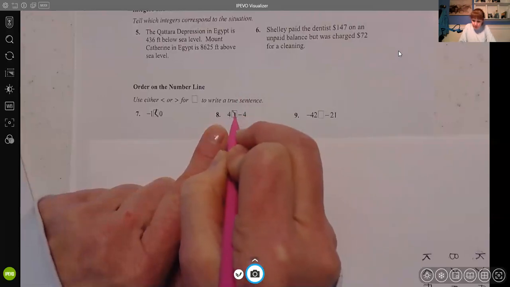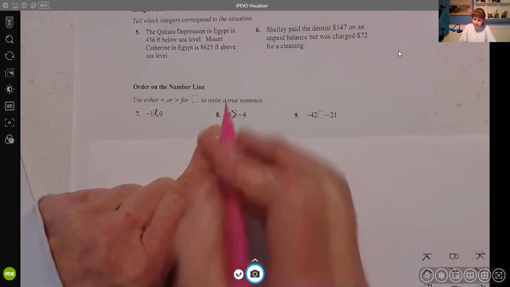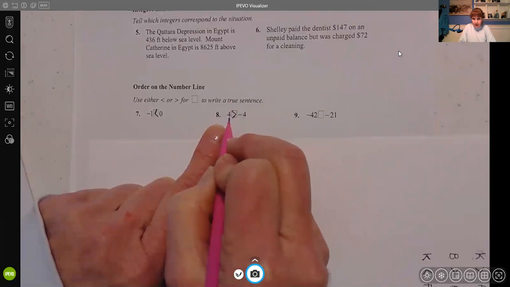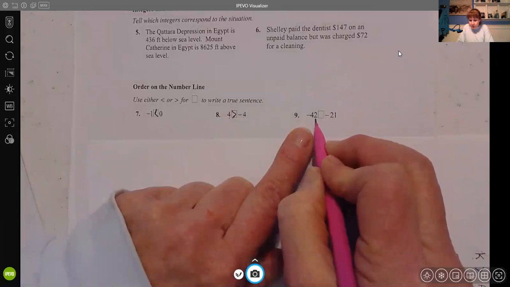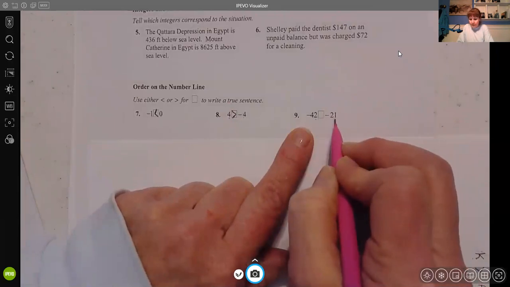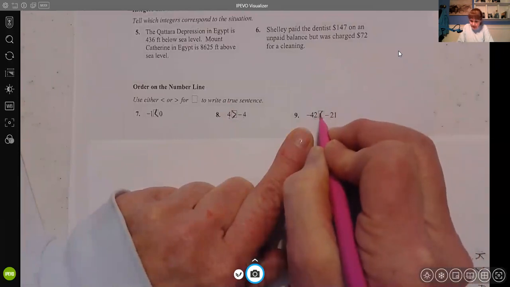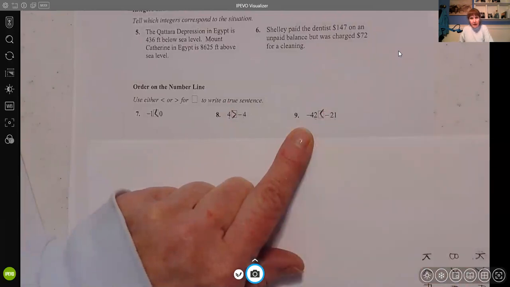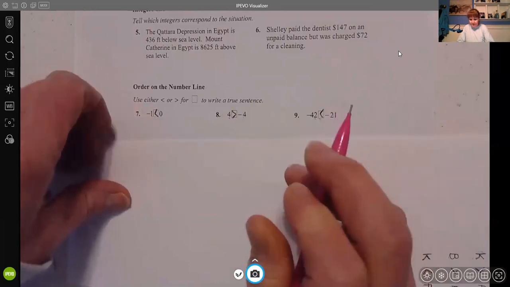So 4 is greater than a -4 because 4 is to the right. -42 is further to the left than a -21. Anything to the left of another number is always less than. So -42 is less than a -21 because it is to the left on a number line.